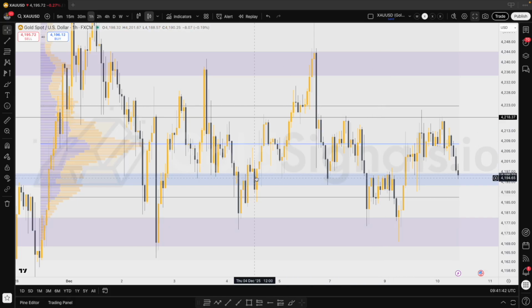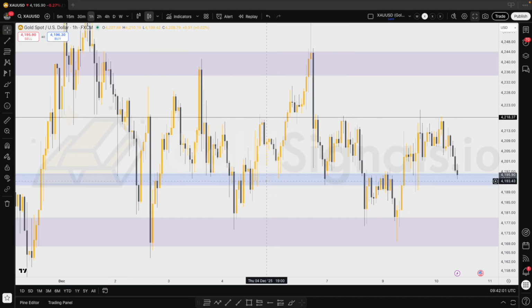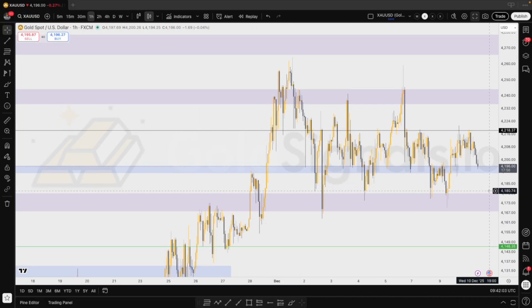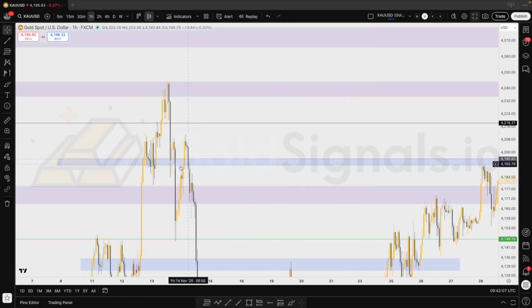You can see that between this bottom side support point of interest that we have marked in and this top side resistance, we have our point of control somewhere in the middle. If I remove this real quick, you can see that I just dragged this level across. This was a point of control that we established from a previous week.